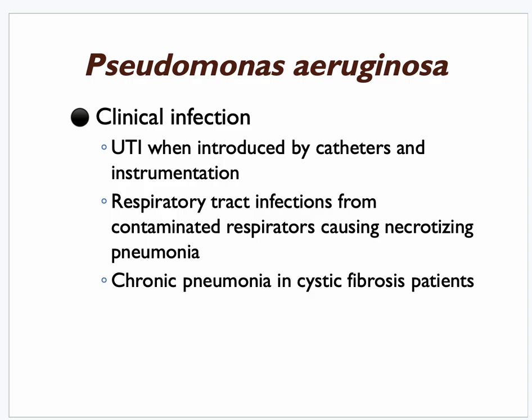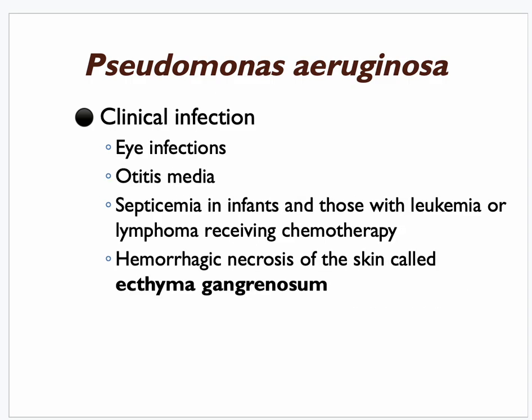So, it can also cause UTI pag na-introduce sila by catheters and instrumentation. Respiratory tract infections from contaminated respirators, causing necrotizing pneumonia and chronic pneumonia in cystic fibrosis patients.